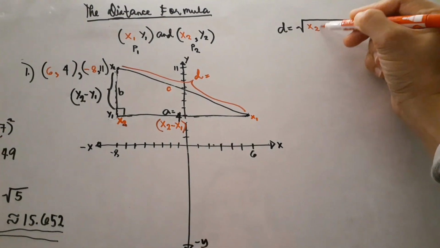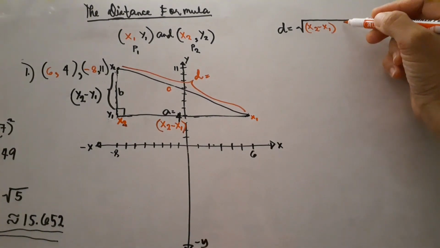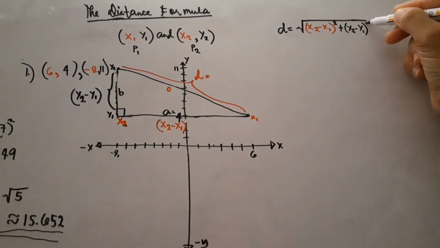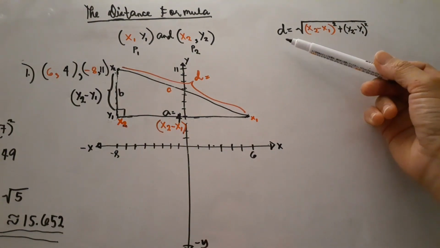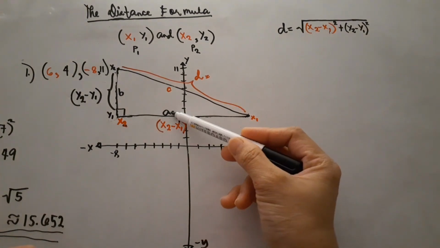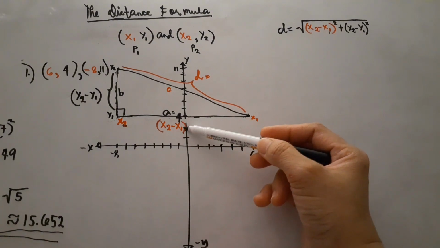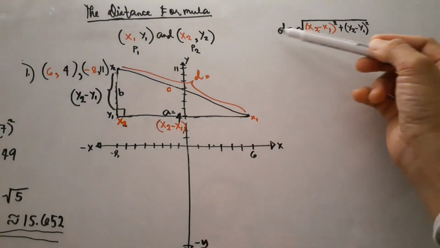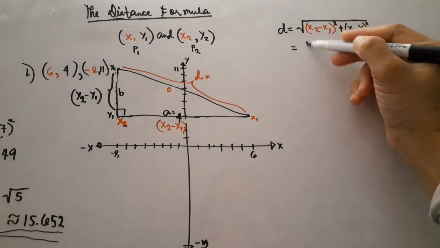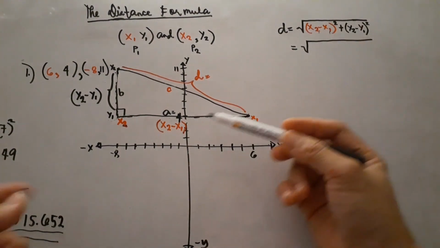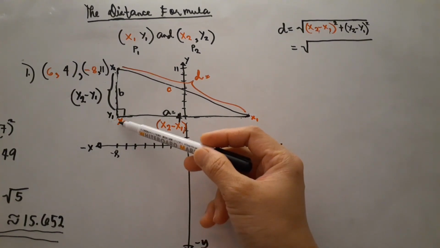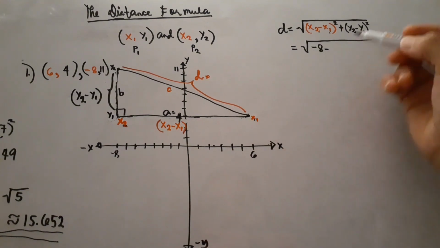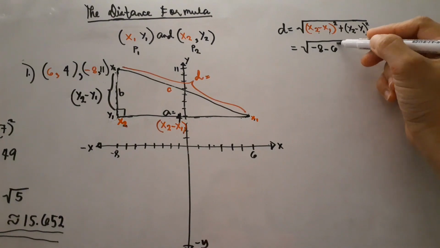But the original distance formula, this is the whole thing: x sub 2 minus x sub 1, all squared. I colored the x so it's easy to locate when you solve. And then we substitute the values. Our x sub 2 is negative 8 here, minus x sub 1, which is 6.